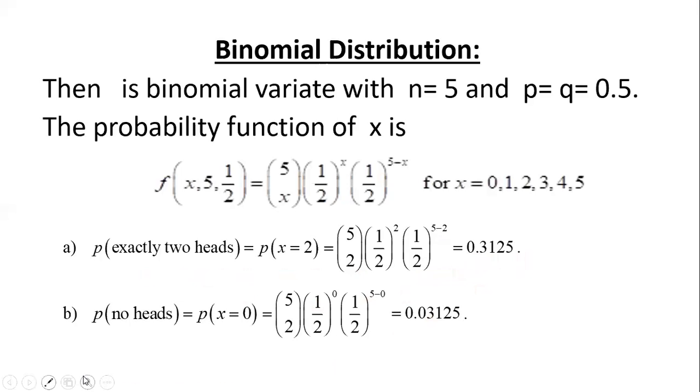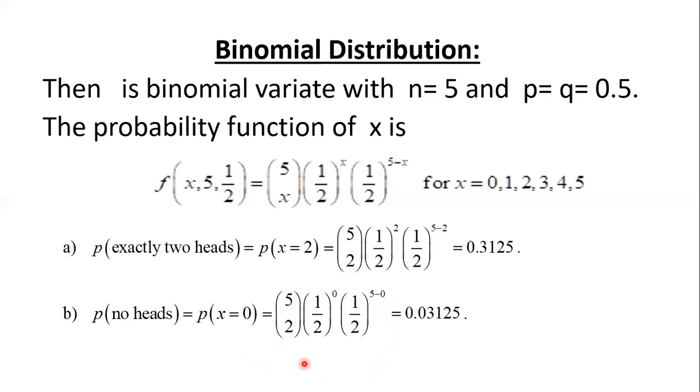Now the question number B, probability of no head, that is the value of x equal to 0. Now putting the value of x equal to 0 in binomial distribution, we get 5C0 into half to the power 0 into half to the power 5 minus 0, because here x equal to 0.